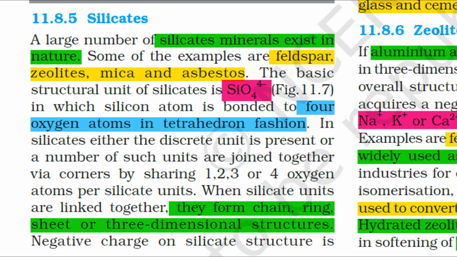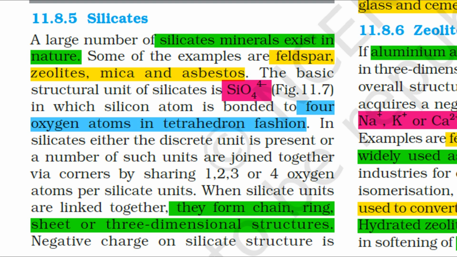So this means either a single structural unit SiO4 4- is present, or 2 or 3 basic structural silicate units are joined together to form a large structure, and the joining is where the oxygen atom of one unit is joined with the silicon atom of another unit. When silicate units are linked together, they form chains, rings, sheets or three-dimensional structures.